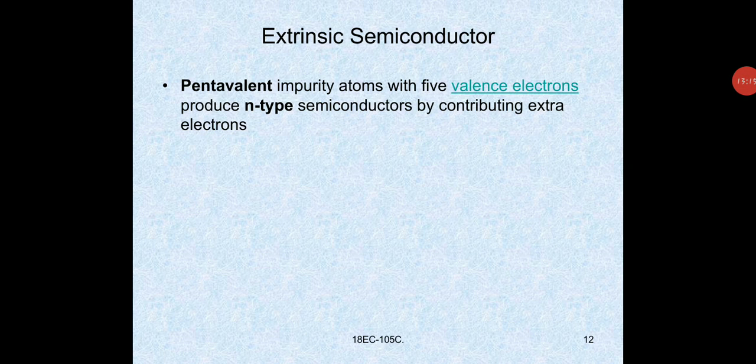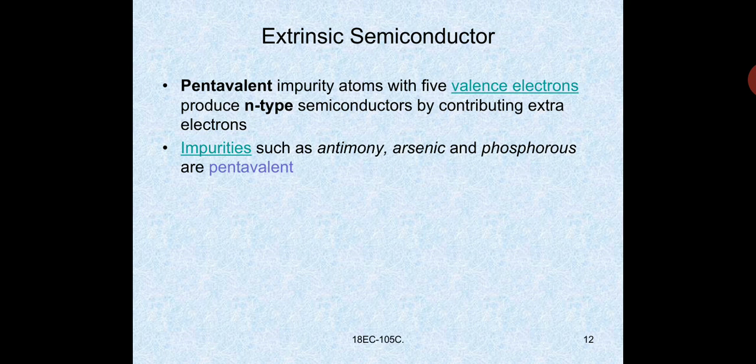Let us see the impurities that are pentavalent. Impurities such as antimony, arsenic and phosphorus are pentavalent materials. These are normally used in preparing an n-type semiconductor.